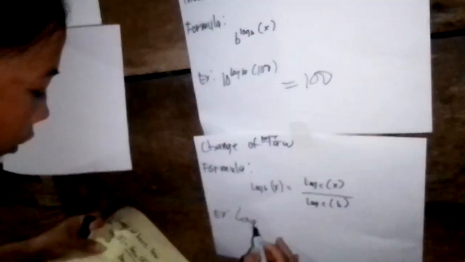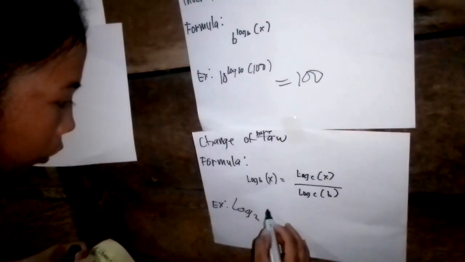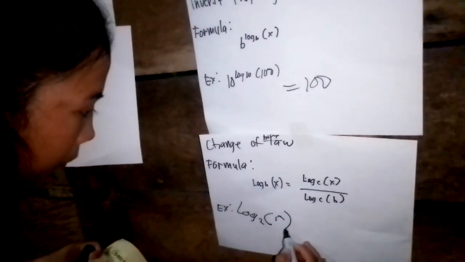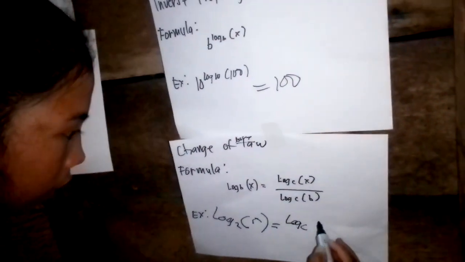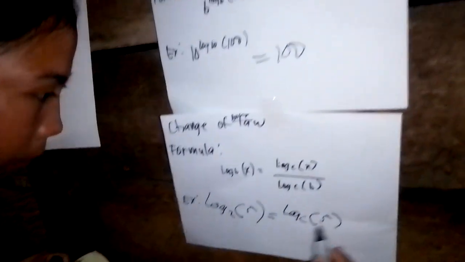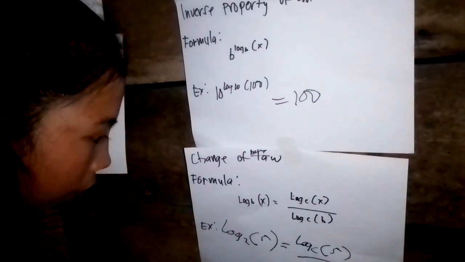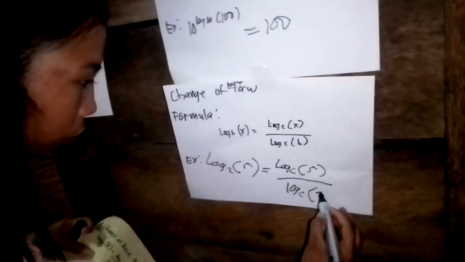An example of the change of base law is log base 2 of 5 is equal to log base c of 5 over log base c of 2.